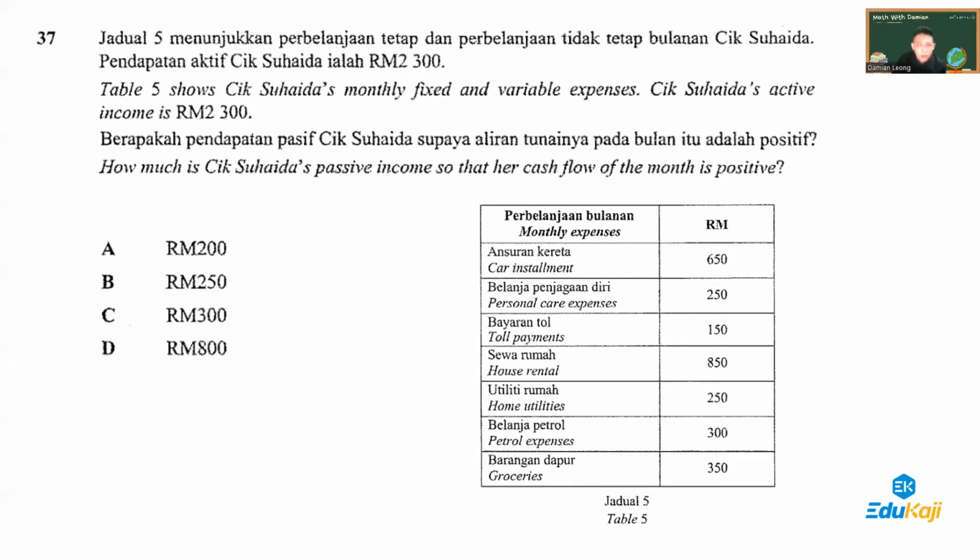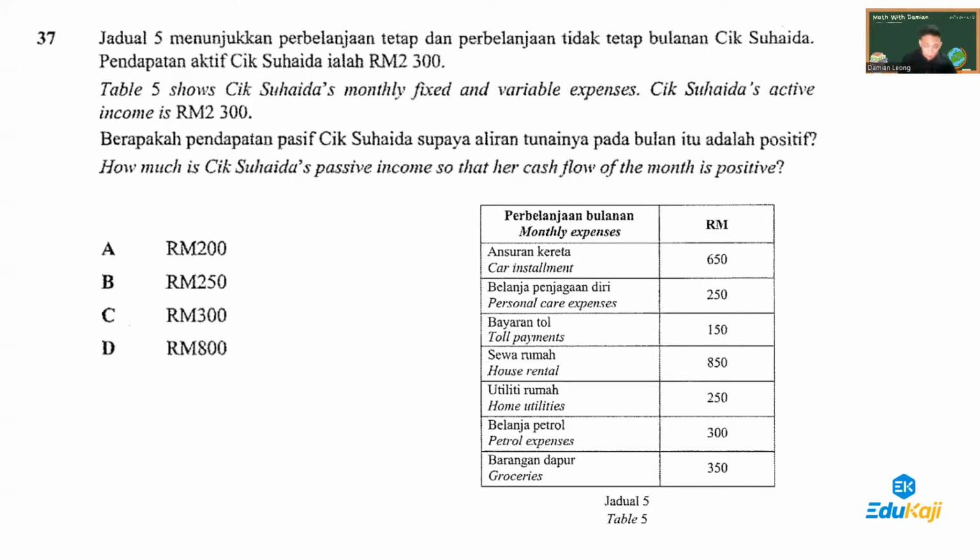37. Table shows money, fixed and variable expense. Active income is 2,300. How much is her passive income? So their cash flow of the month is positive.